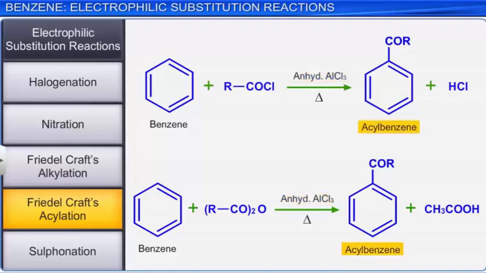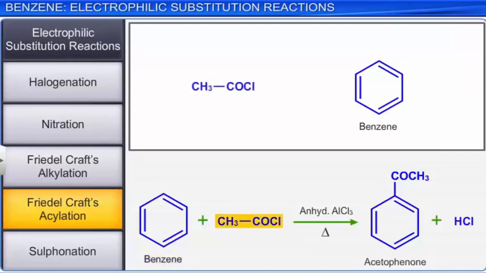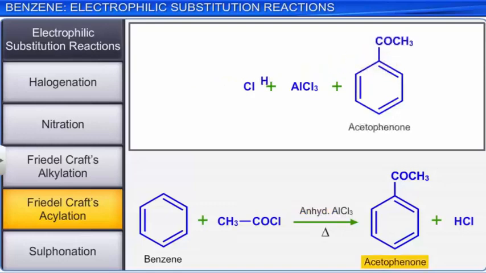This reaction is called the Friedel-Crafts acylation. For example, when benzene is treated with acetyl chloride in the presence of anhydrous aluminium chloride, it forms acetophenone and hydrochloric acid.